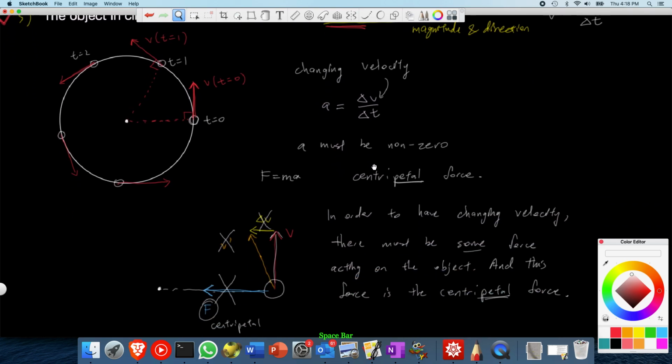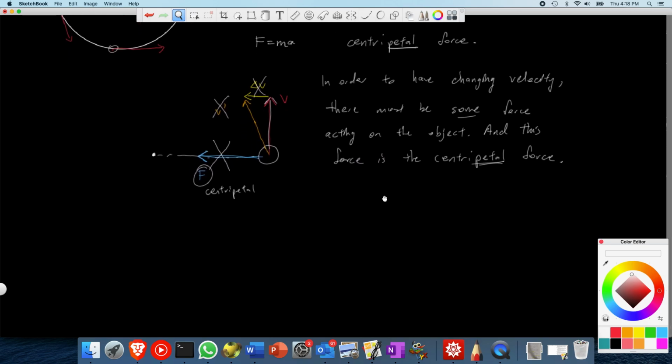So now that we've covered centripetal force, let's go through a few examples of what centripetal forces are. So centripetal force must come from somewhere, right? The force's origin differs based on the example.